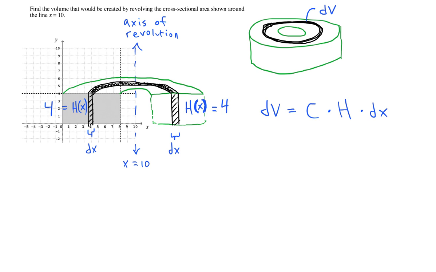Now the circumference is the distance all the way around. And there's also going to be a radius of the shell, which I'll call r. Now both c and r will depend on x. They're going to be functions of x.